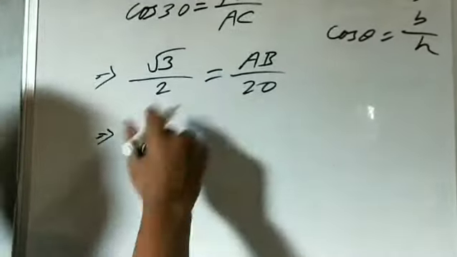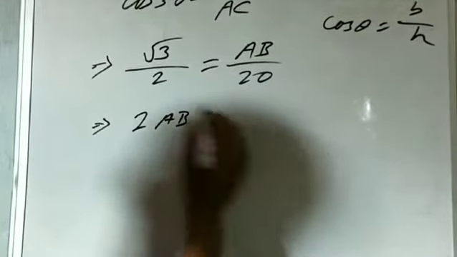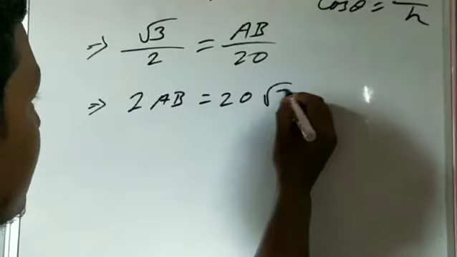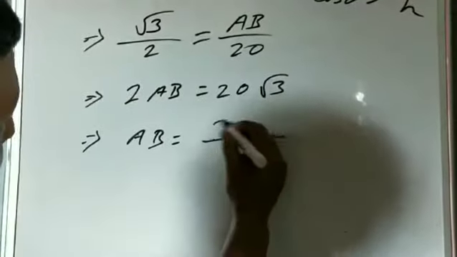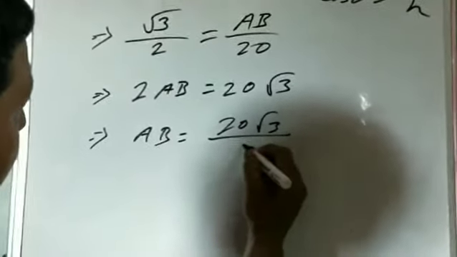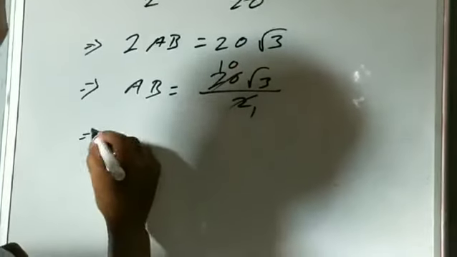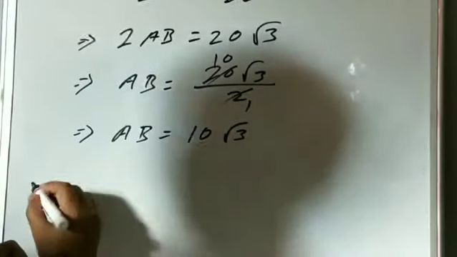So now cross multiply is 2 into AB is 2AB and root 3 into 20 is 20 root 3. Now AB equal to 20 root 3 by 2. Cancel this out. 2 1s are 2, 2 10s are 20. Or AB equal to 10 root 3.